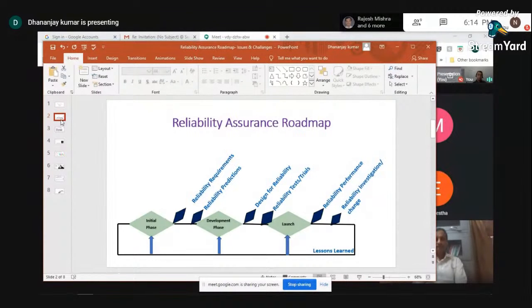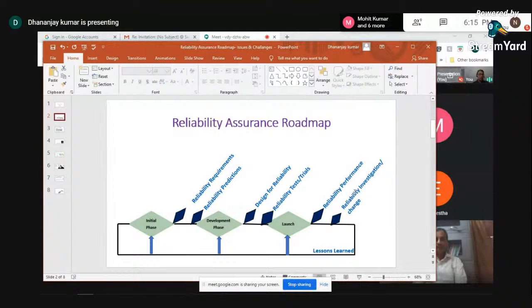So, based on my experience, these are the 6 key roadmap events that we should carefully plan in any product or system that we are developing or going to implement. And ultimately, the lessons learned part is very weak, even in the defense industry.